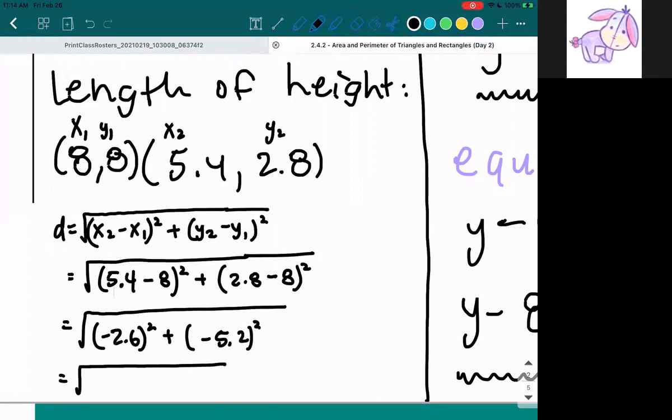And then 2.6, which is negative, and then we're going to square it. Negative 5.2 squared. Add that together. And then square root that. And round to the nearest hundredth.